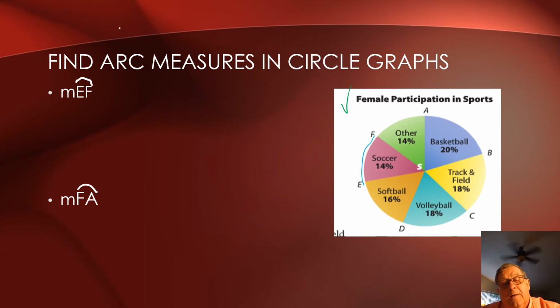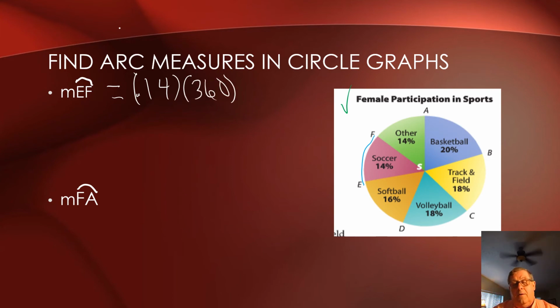So if it's 14%, then we can say that the measure of EF is going to equal 0.14, because 14% is 14 over 100, times 360.